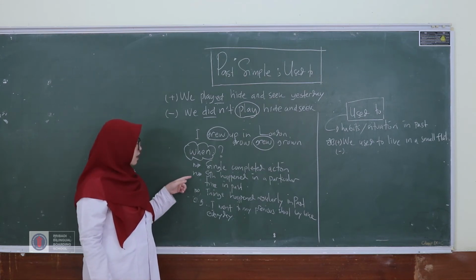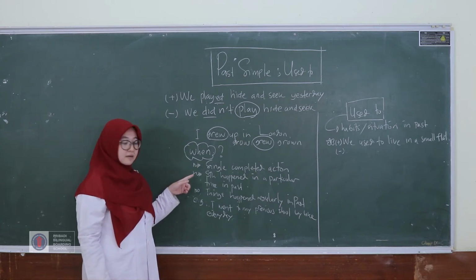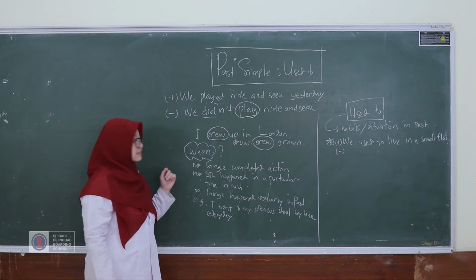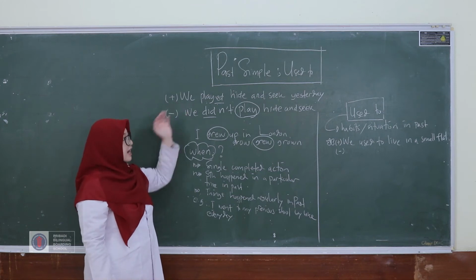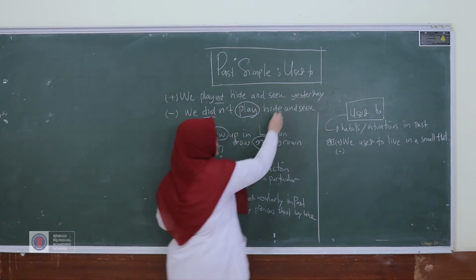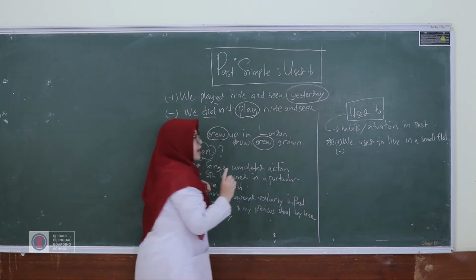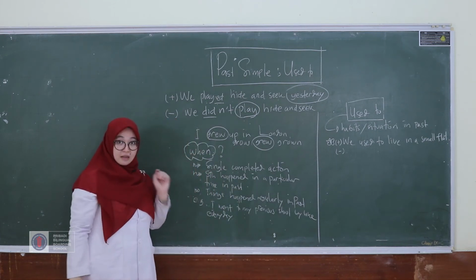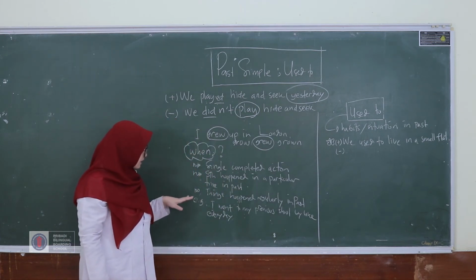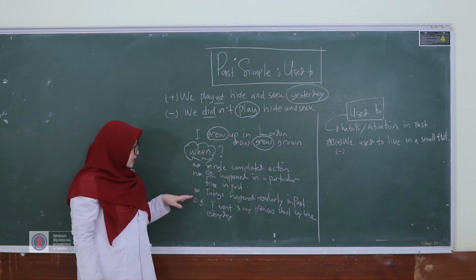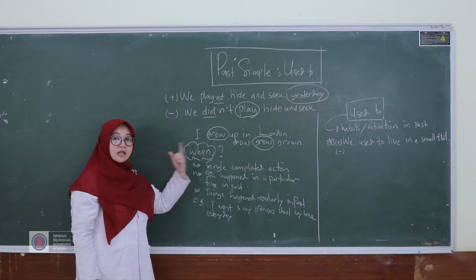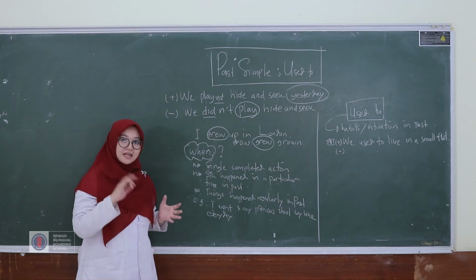The second one is when something happened at a particular time in the past. For example, "We played hide and seek yesterday." Yesterday is one particular time in the past. The third one is when things happened regularly in the past.